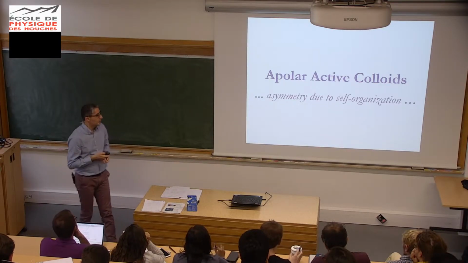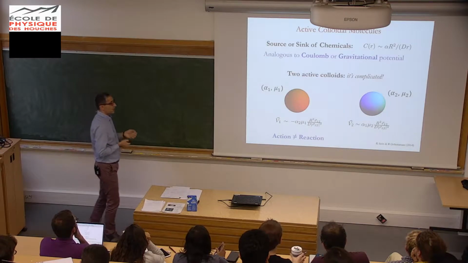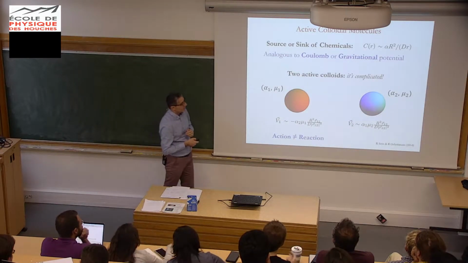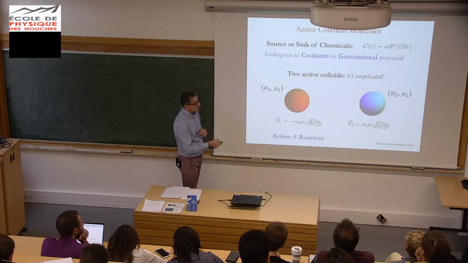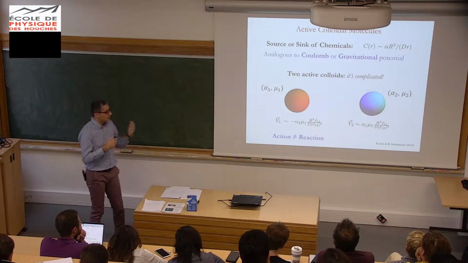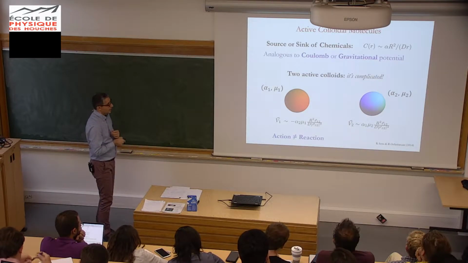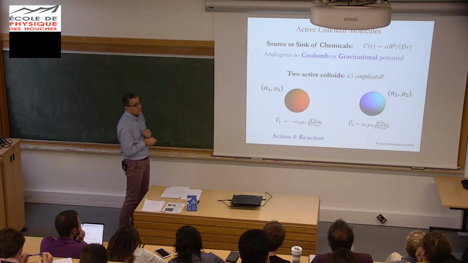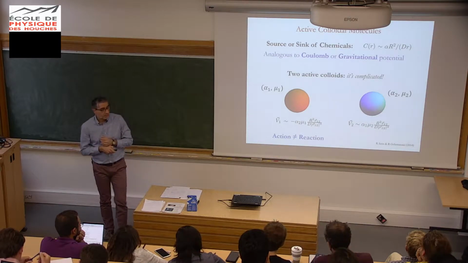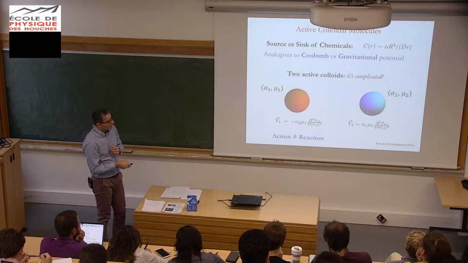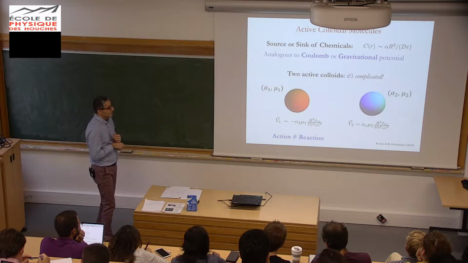So let's think about these spherical colloids. We started this yesterday already. Essentially, if we have two different types of these phoretically active colloids, let's say they're catalytically active, particle 1 has a rate of activity which is alpha 1 and a mobility which is mu 1, and particle 2 will have rate of activity alpha 2 and mobility mu 2.